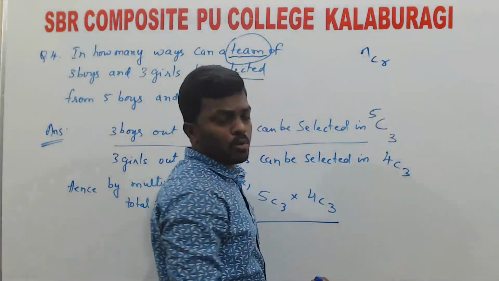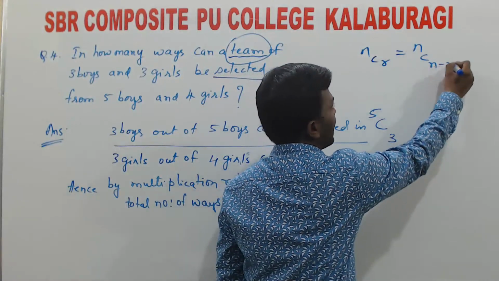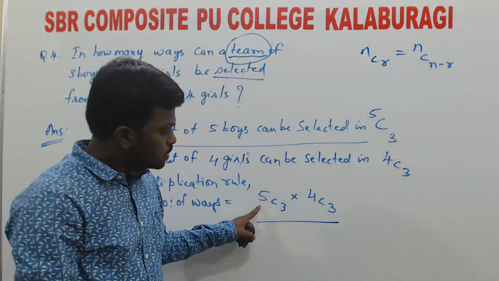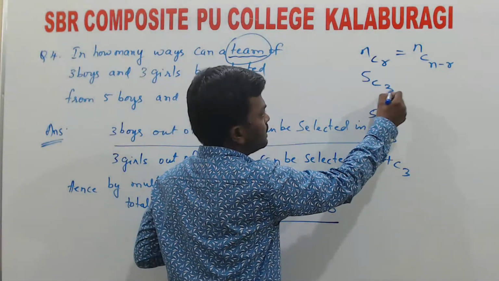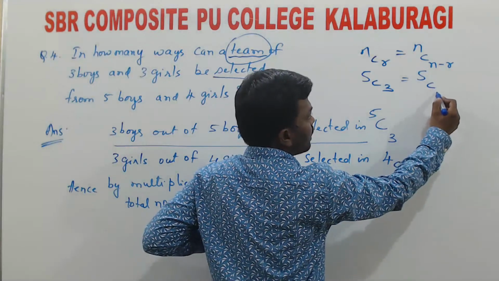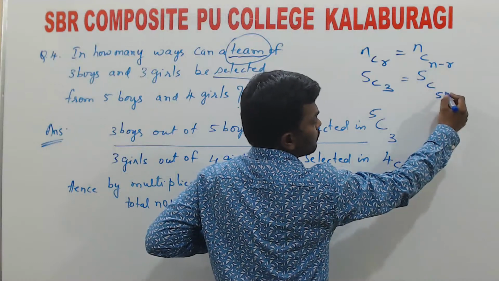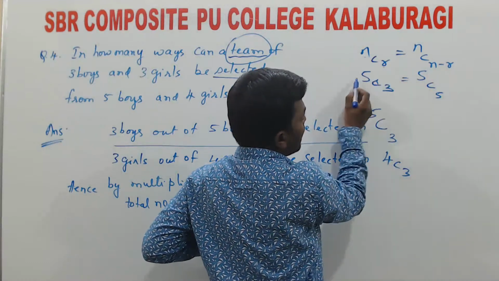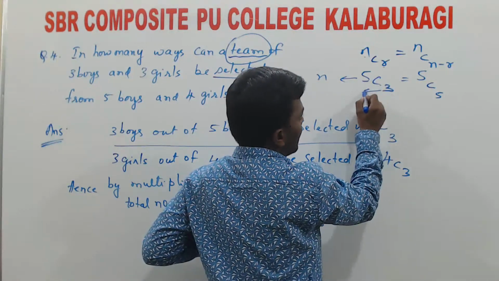But we have a property also, right? nCr is equal to nC(n minus r). So now can I tweak this as 5C3 is equal to 5C... What is n here? 5, right? So what is r here?